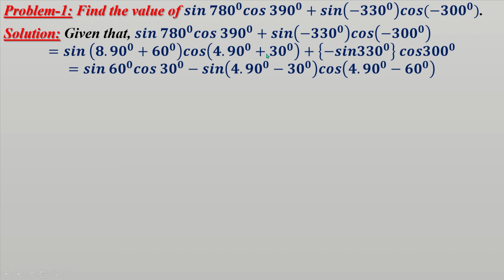Similarly here fourth quadrant plus something means first quadrant, all positive. And here will be 4 into 90 degree minus 30 degree. Okay, and here minus because plus and minus will be minus.